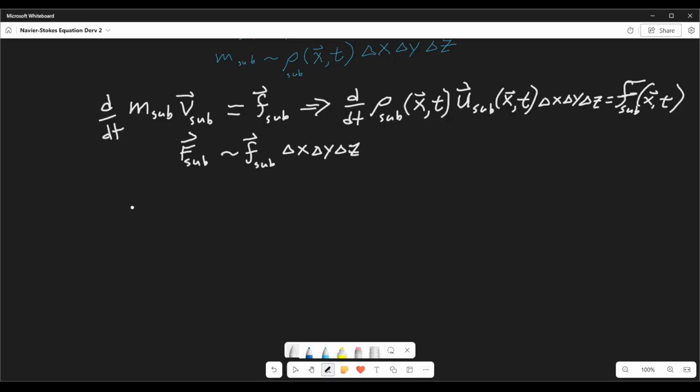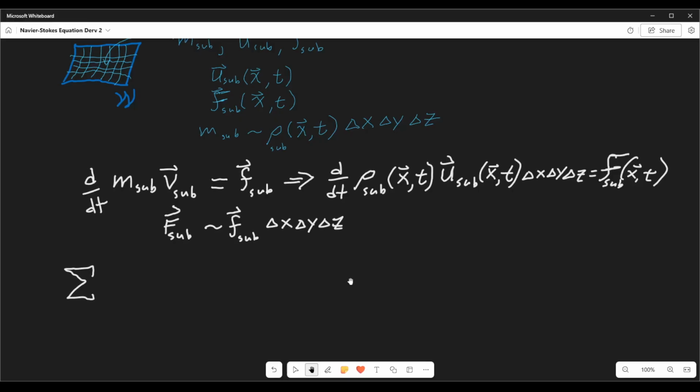So basically what happens in the end is you sum over all of those little blocks inside the volume. So this is a sum over all of these little squares.